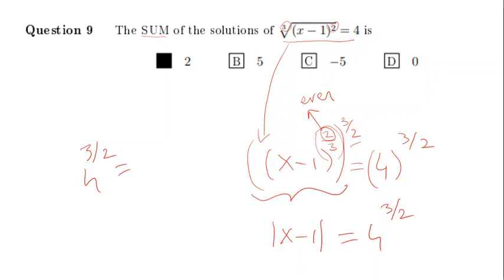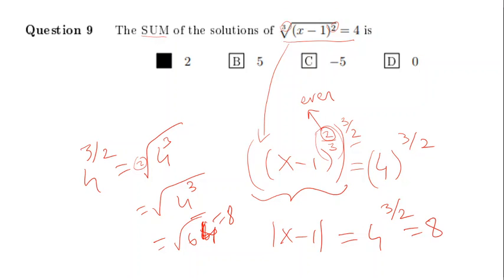This is indeed the square root of the cube of 4. So we don't have to write 2 here, it's just the usual square root function. So it will be 64, which makes 8. So we have this equal to 8.